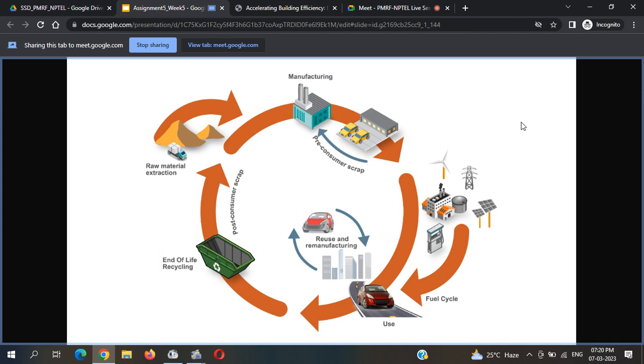Similarly, for whatever you are doing the assessment, if it uses some kind of fuel, where the fuel comes from, that also you can include in your life cycle assessment. And then you can even think if there are ways in which your product can be reused or go into a remanufacturing cycle, and you can add that here also.